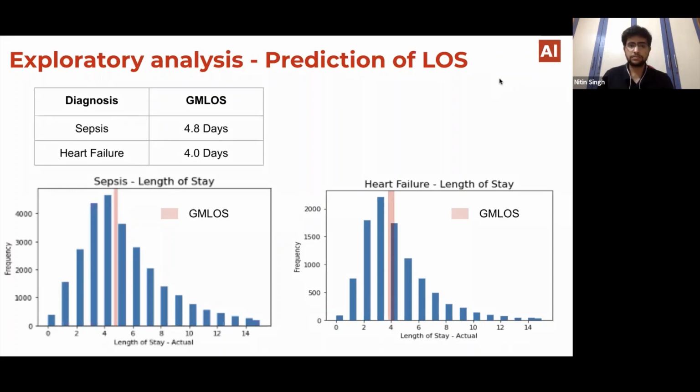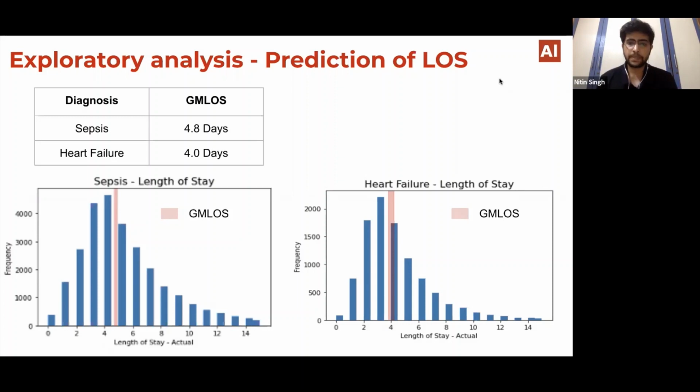That is not the case in US healthcare, where they have a fixed diagnosis and a fixed number of days for a diagnosis. If a patient is staying for more days, you will have to give evidence to the insurance companies, and only then they will reimburse.